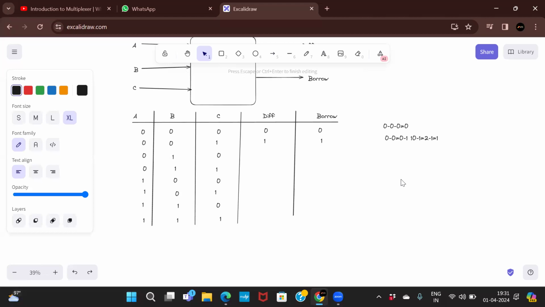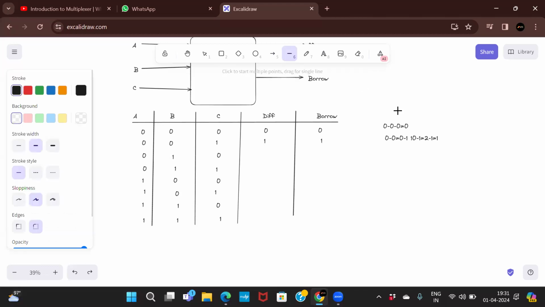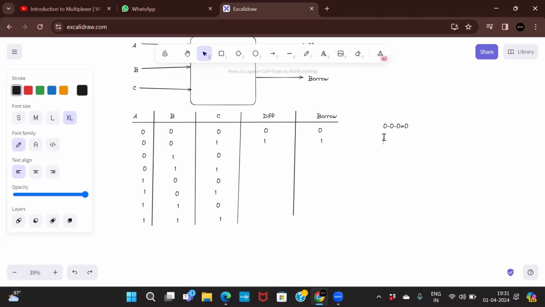Are you getting it, or do you want me to explain again? Sir, where are you taking the borrow? Okay, wait. Just consider here. What are the inputs we have? 0 0 1, right? Do it one by one. First 0 minus 0. What will we get? 0, right?